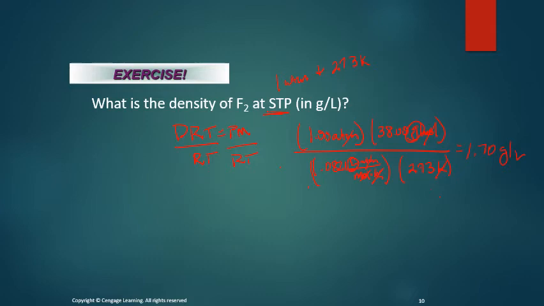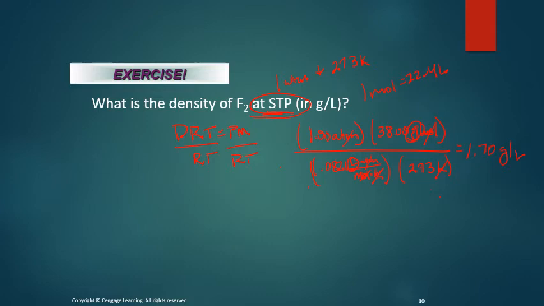Now, in this one particular case where we have it occurring at STP, we also know that 1 mole of a gas equals 22.4 liters. So there's one other way that we could go about solving this, only in this one particular situation.